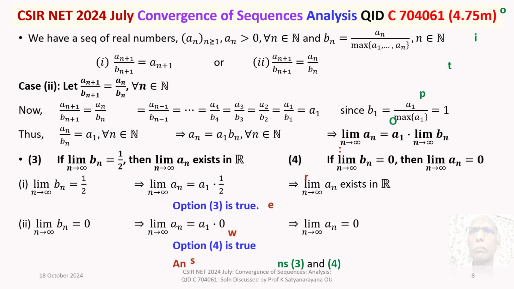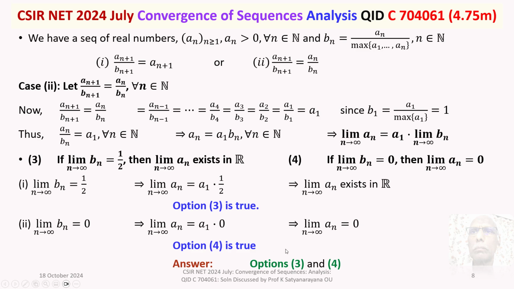That is the detailed discussion of the solution of the given problem from the section analysis, which is related to the concepts of convergence of sequences. This question, in my opinion, is a difficult question. During the examination, getting such an idea is difficult.